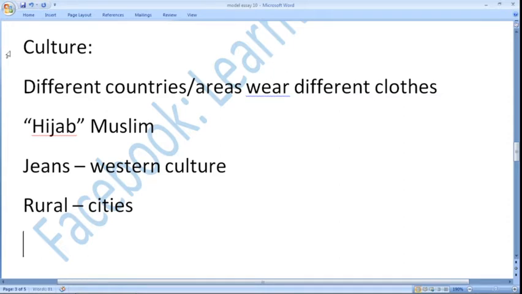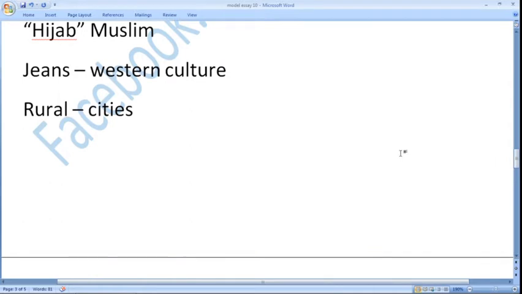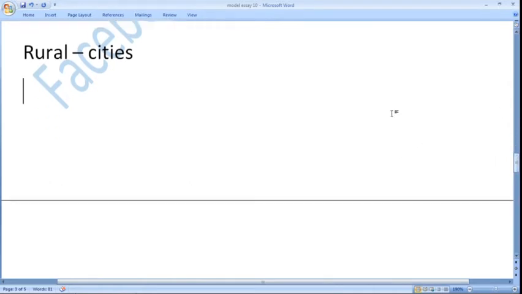This is about culture. And what about behavior? I think about behavior it is difficult to say just by seeing the clothes. For example, if two men are wearing jeans, you cannot say that they are narrow-minded, you cannot tell about someone's personality.